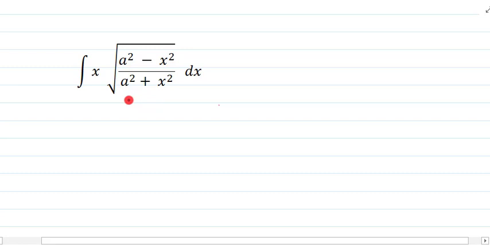So see, observe this carefully. On observation, you will find that the derivative of x square is present in the question. So अगर x square को if we put t, then its derivative can be easily vanished, x can be easily removed. So let us put x square as t.